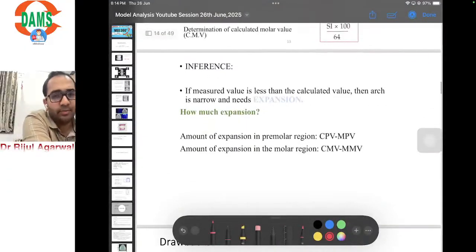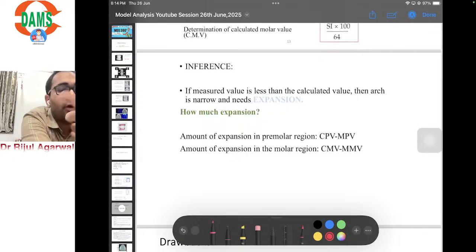So what do we get? Very easy to determine. If the measured value is less than the calculated, that means the arch is narrow and we need to expand it. If it's more, that means the arch is already expanded.